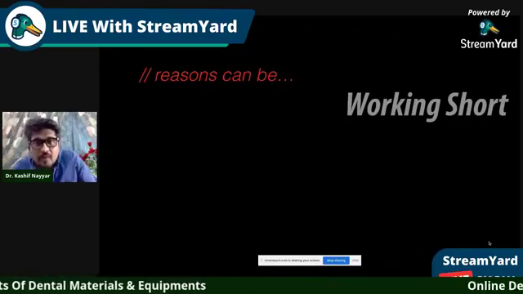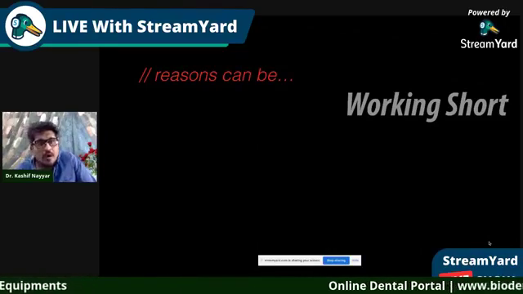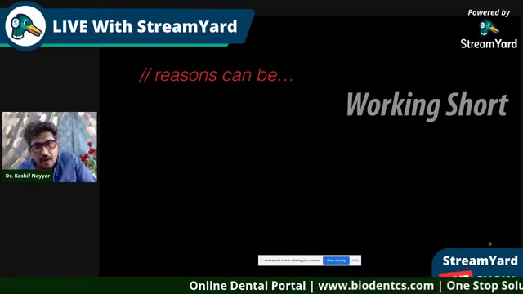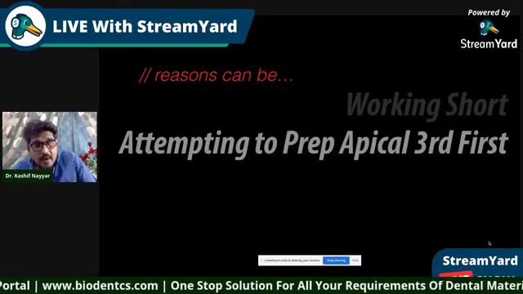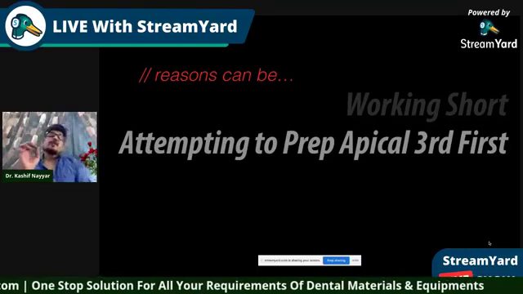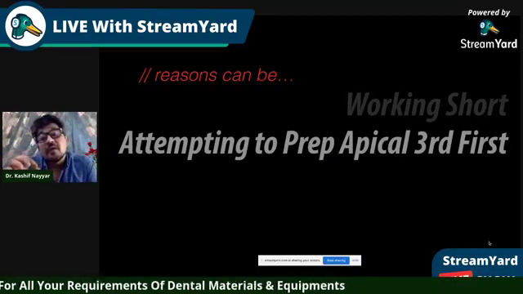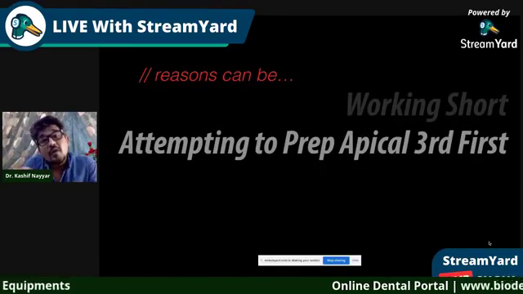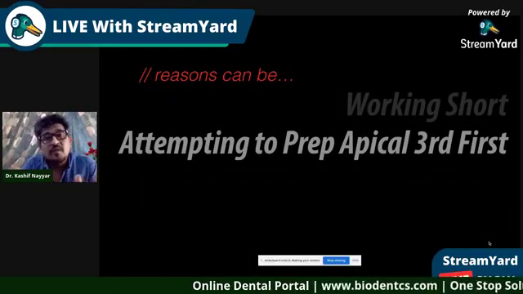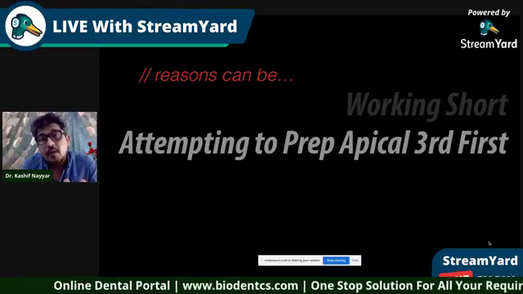Reasons can be if you are working short and you are just packing your debris inside. You will never be able to achieve a full working length. And an attempt to prepare the apical third first has a great drawback, because the dentine is engaged a lot by the file system. So it means that it is generating a lot of debris.